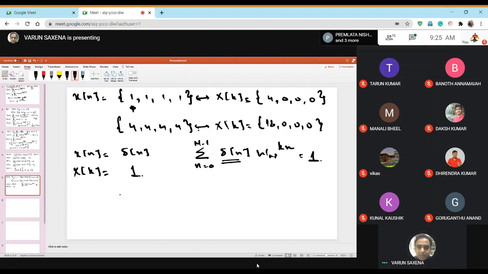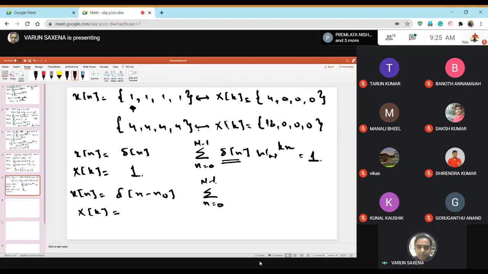What will be the DFT for this signal? And here you'll have to use just the basic property of delta. Here we are assuming that this n naught will not take the sequence out of the range for which x[n] is defined, which happens to be just one sample.